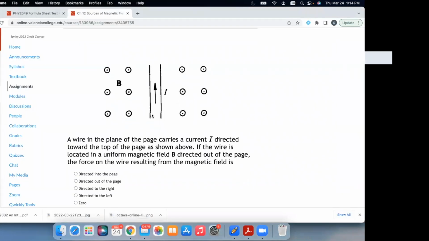So I've got some current that exists in an already existing magnetic field. This guy's creating his own magnetic field that's going to interact with the field that already exists.